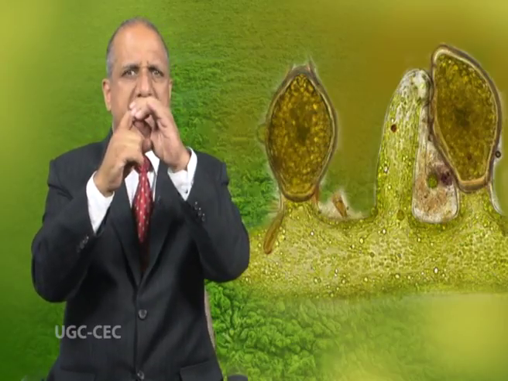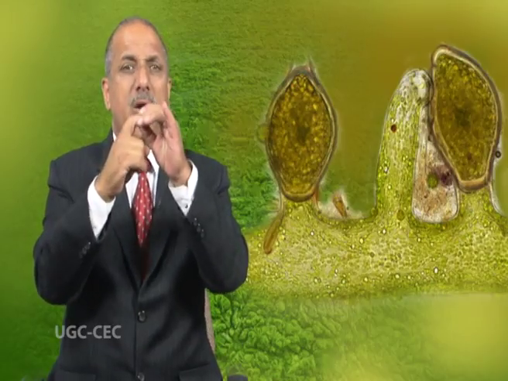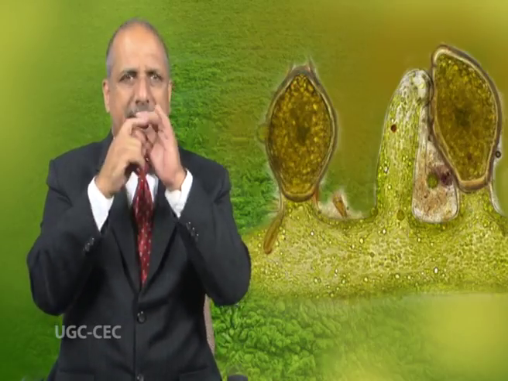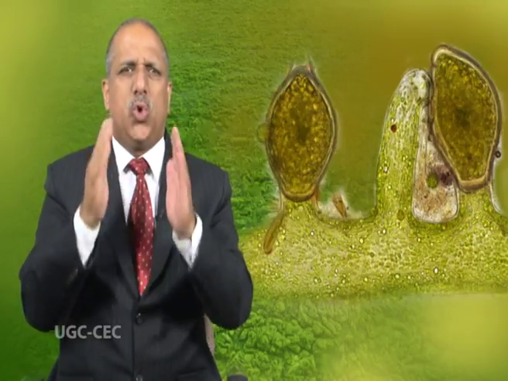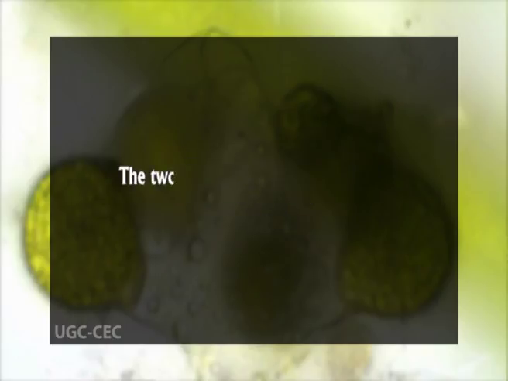The nuclei present in this region divide endomitotically, and then the protoplast divides to form uninucleated segments. Each segment metamorphoses into a spindle-shaped biflagellate antherozoid. The two flagella are of unequal length, dissimilar, and laterally inserted.